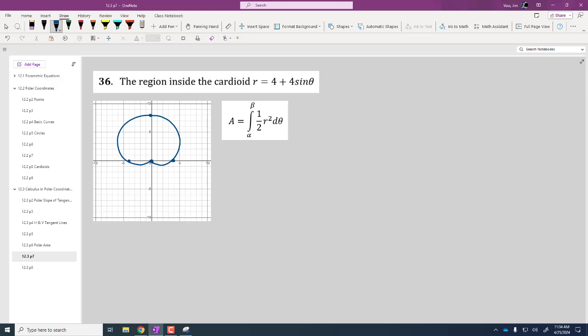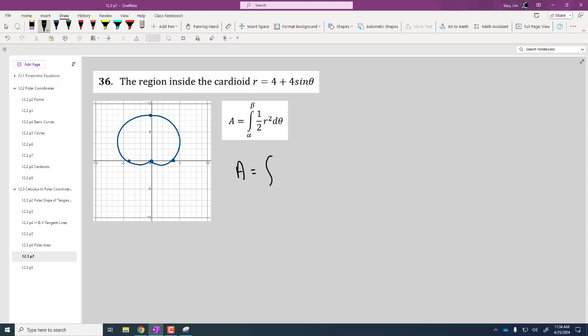So instead of integrating from 0 to 2 pi, it would be better to go from negative pi over 2 to pi over 2 and double it, or from pi over 2 to 3 pi over 2 and double it. It's usually the better strategy, just in case. You don't have to worry about any points where there's non-differentiability.